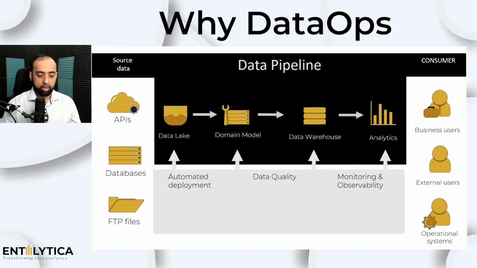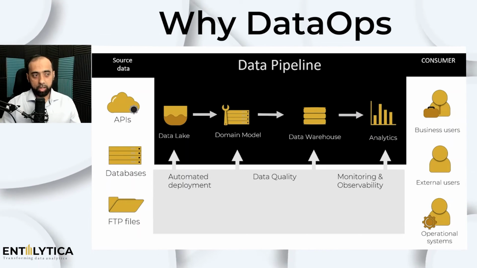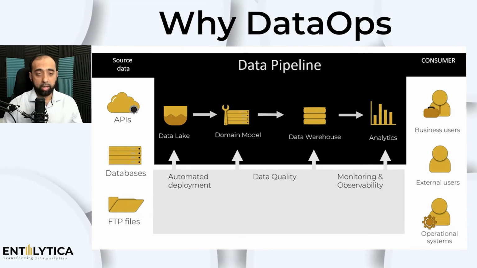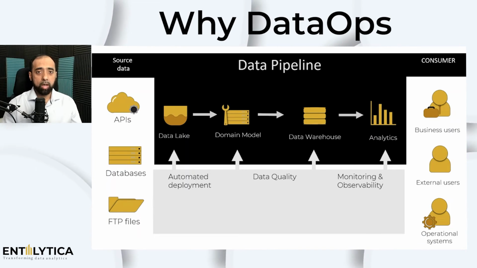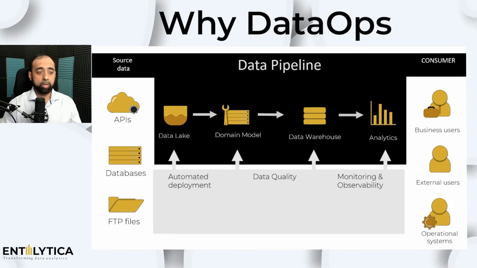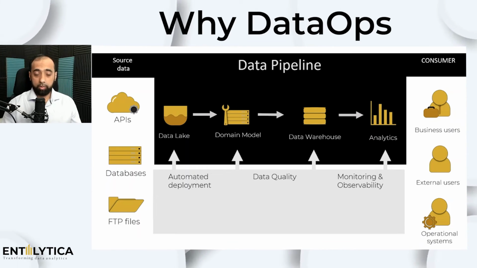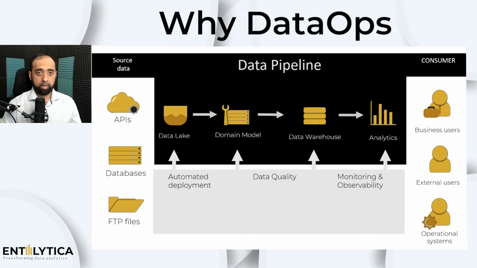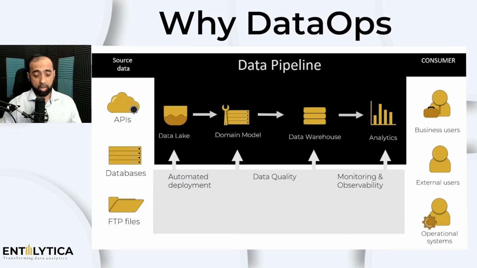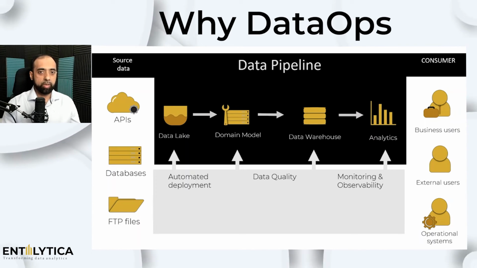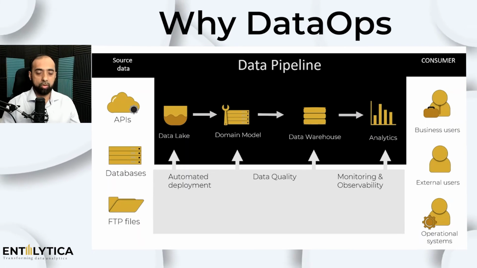And that can happen by having data quality checks across your data pipeline at all different stages: in your data lake when it's ingesting from source, during and after the domain modeling process, on your data warehouse, in your data marts, and some business logic API checks on your analytics. At least this much would give you a fairly decent picture of the health of your data pipeline.